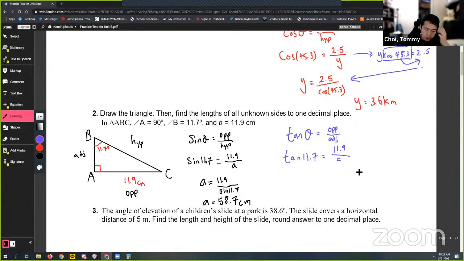I'd like you to try solving this on your own if you haven't done so already. Find side length C. I'll give you a minute to do so. You just need to type it in on your calculator, essentially. And let me know what you get.